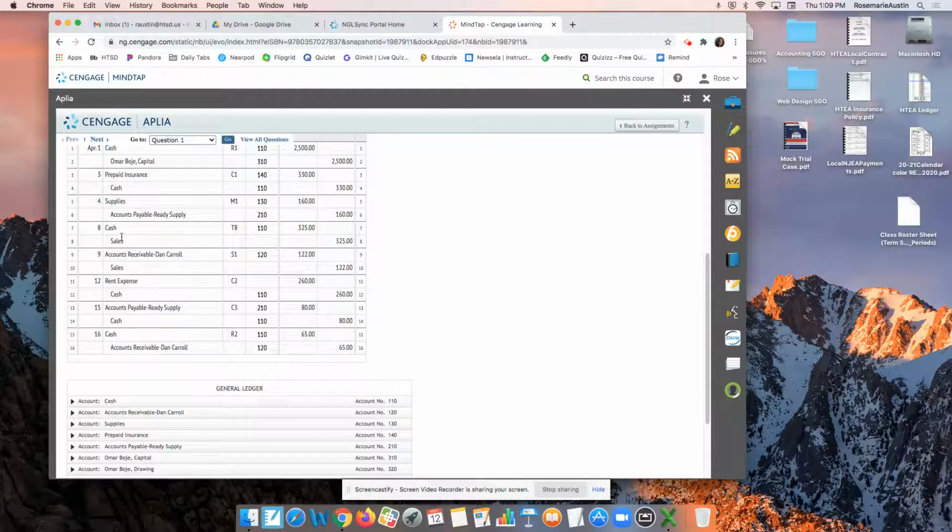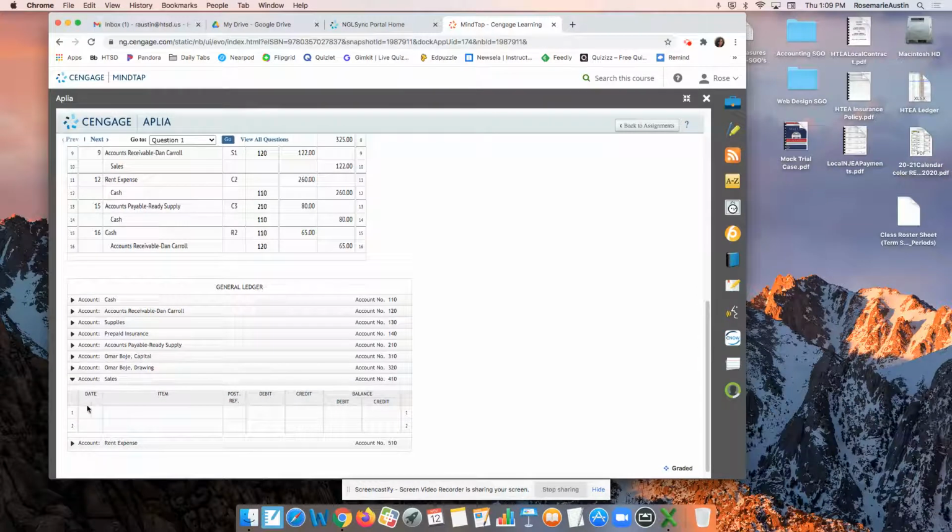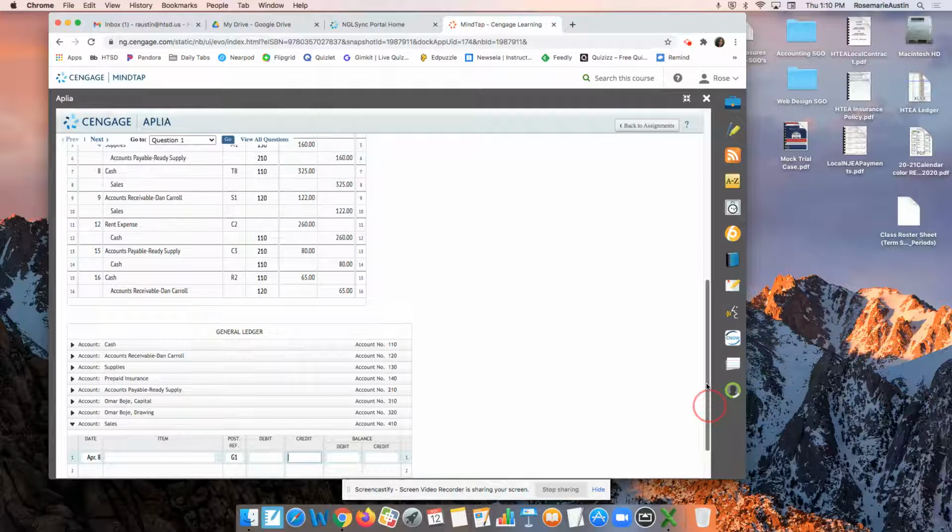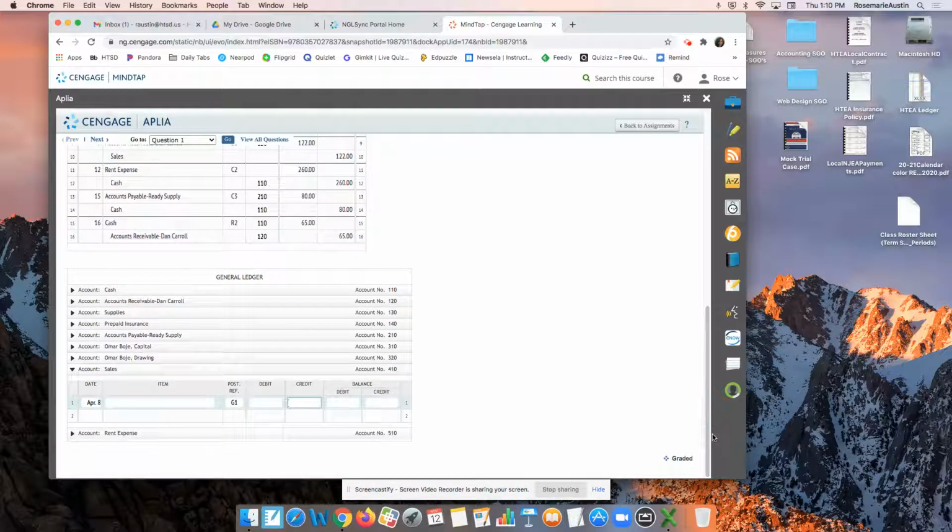Okay, so on April 8th, we have a credit of $325. All right, so let's go ahead and put that in here. April 8th, credit, and we got this from page 1, a credit of $325, right? Yes, $325, we're going to carry that over to the balance column, $325 credit balance so far.